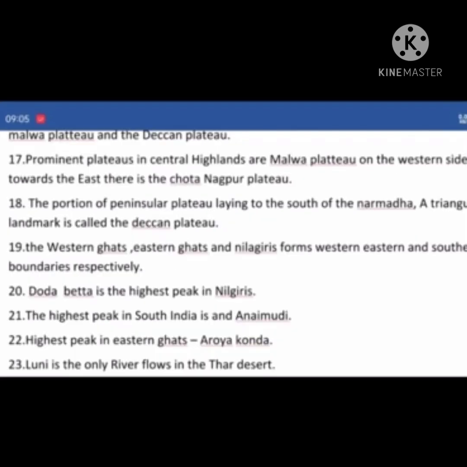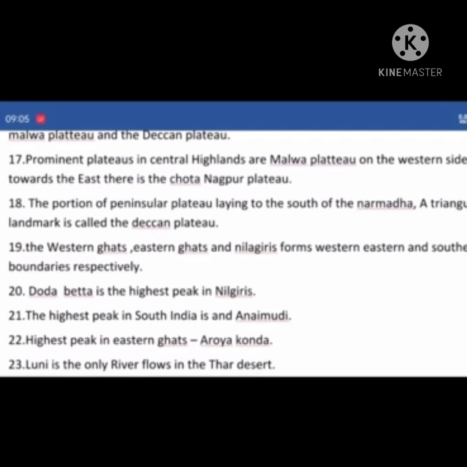Next point, the Peninsular Plateau consists of two broad divisions, namely the Central Highlands, Malwa Plateau, and the Deccan Plateau.